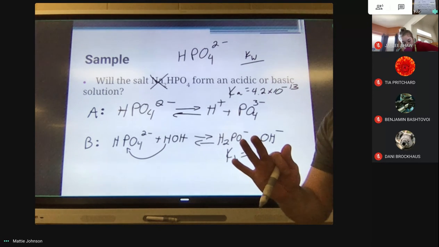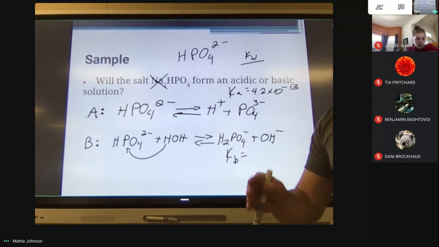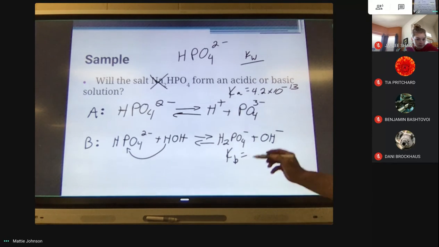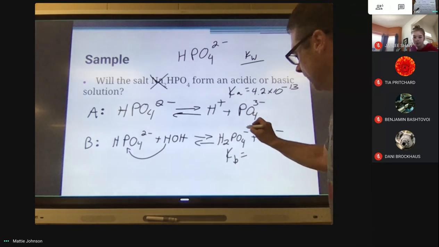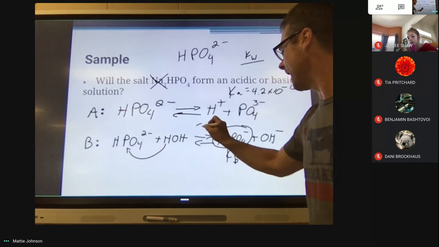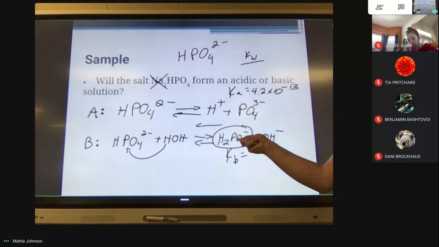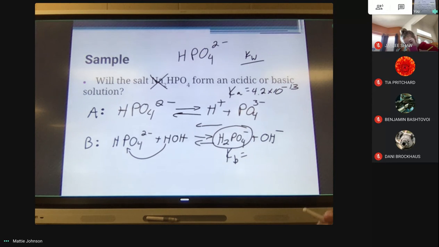They want to divide by Ka3, but that's not the K you divide by, because that would be if it was PO4 3 minus. The easiest way to do this is to look at your products and look at that reverse reaction right there. That's going to be the Ka that we want to pick. So you have to figure out which Ka describes H2PO4 minus.